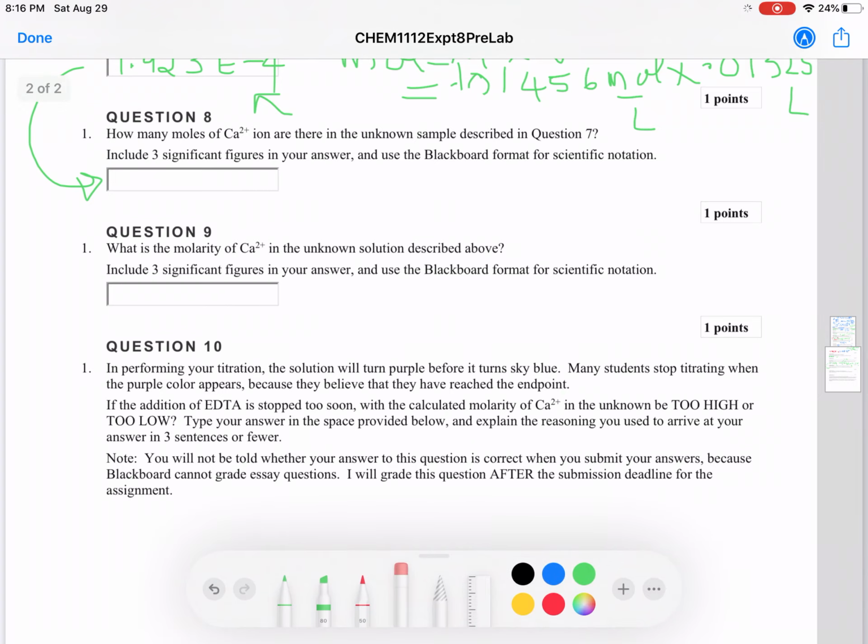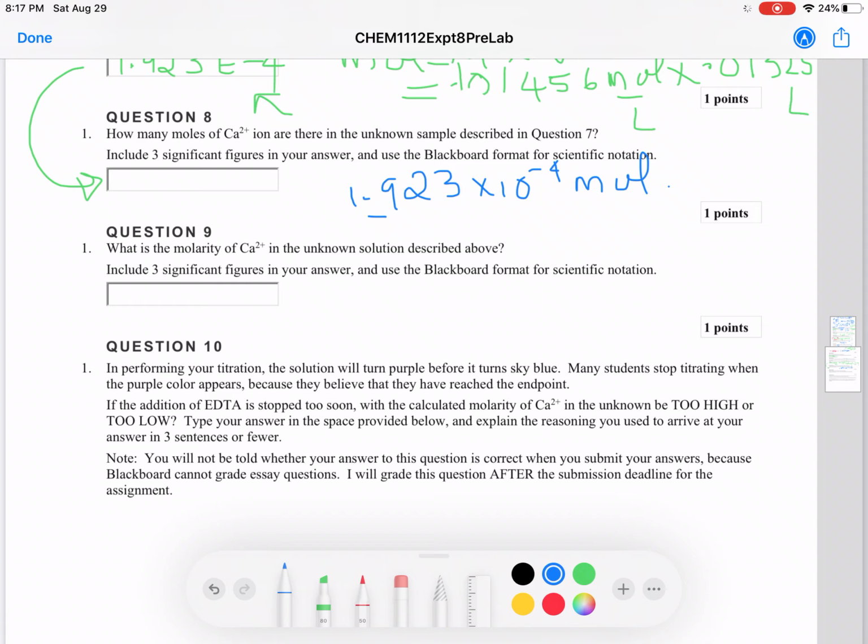It's asking what is the molarity of the calcium ions. Now that you know the number of moles, and you know it was in a 20 milliliter sample, you can find out the molarity, right? Quite easy and straightforward. So you take your answer from question 8, which is 1.923 times 10 to the negative 4 moles.